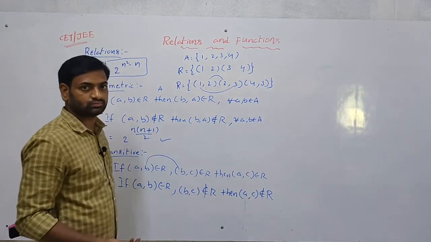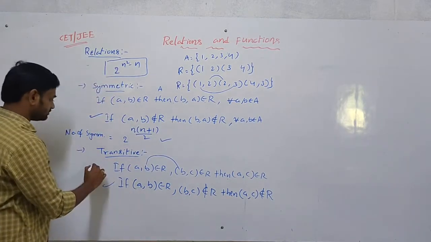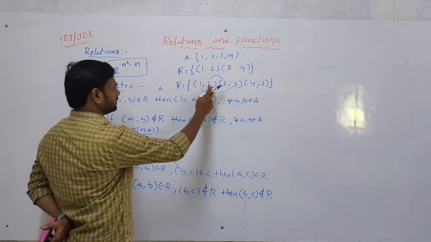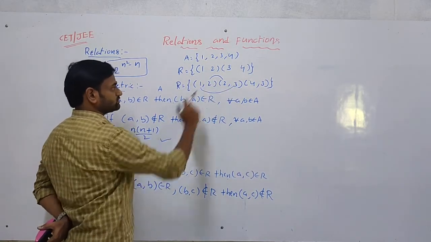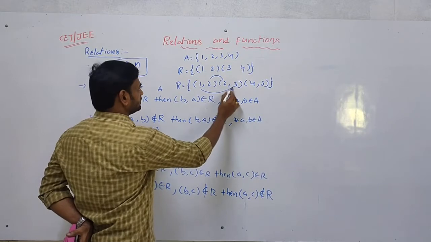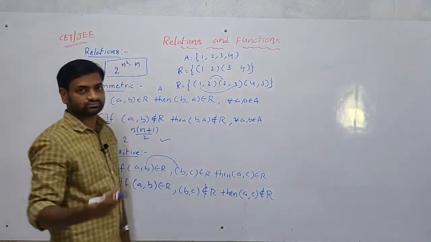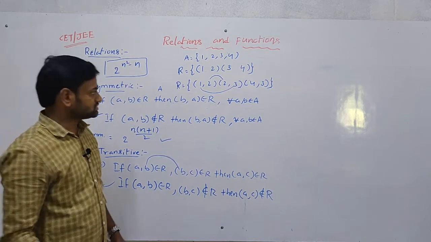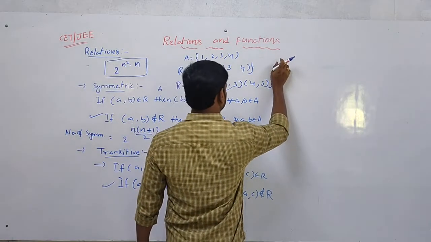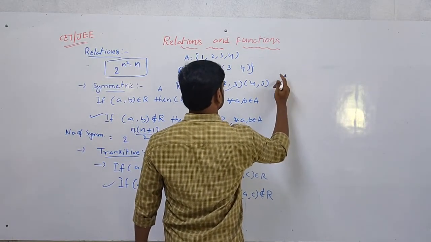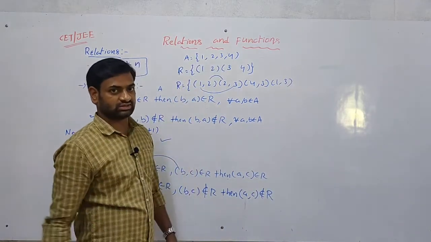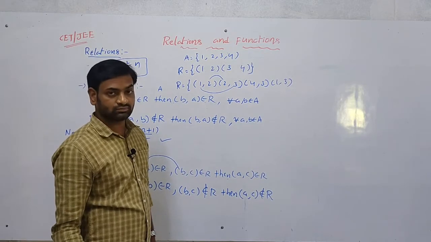No. This is the first method. (1, 2), (2, 3) exists. What do you have to check? (1, 3). (1, 3) is not in this set, so it is not transitive. Suppose here (1, 3) is there. Yes, (1, 3) is there. Yes, correct. We can say it is transitive or not.